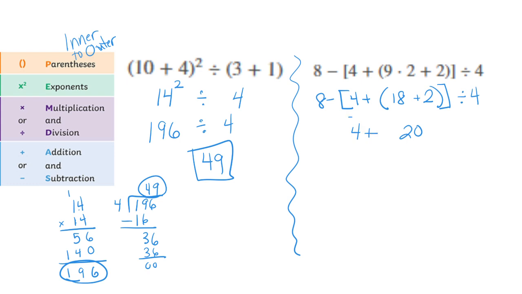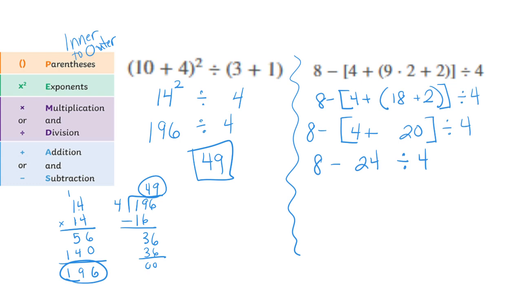Now, once I've evaluated inside those parentheses, I'm going to let go of the parentheses. I'm not going to write them anymore. Okay, I'm writing all the other stuff, all crazy out of order. I don't know why I'm doing that, but okay. So now I'm ready. It says parentheses also means brackets. So now I'm ready to do these brackets, 4 plus 20. So I have 8 minus 24 divided by 4.